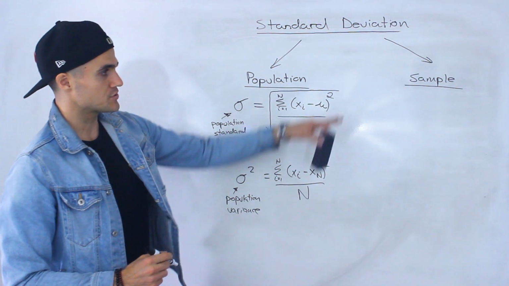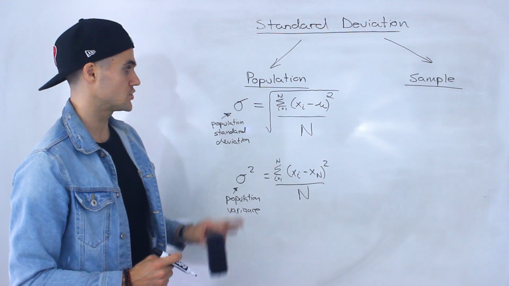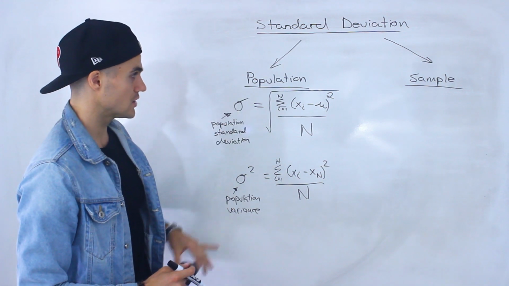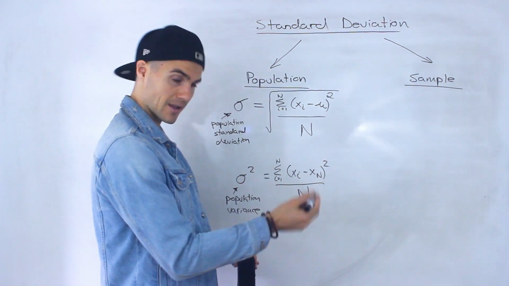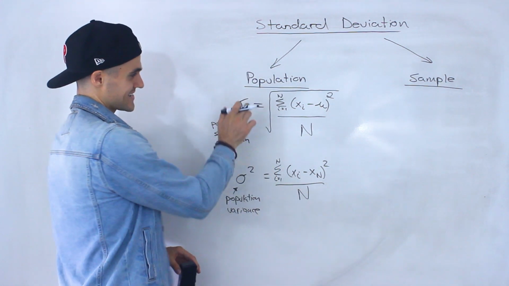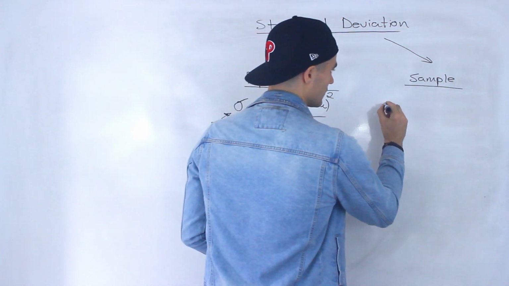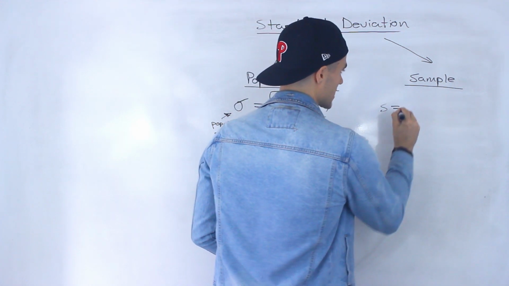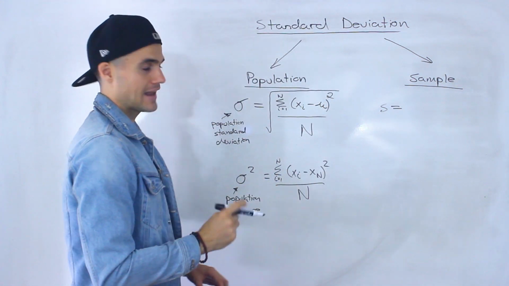So now let's move on to the sample standard deviation. We dealt with the population standard deviation, population variance, and now the sample standard deviation. In most textbooks, in most classes, instead of sigma, the sample standard deviation is represented by an S. Now, not always.